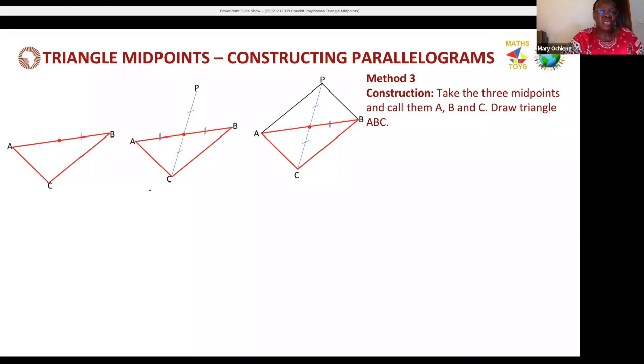If the points A, B, and C are midpoints, and we join them, we have triangle ABC, and then we construct the line CP.